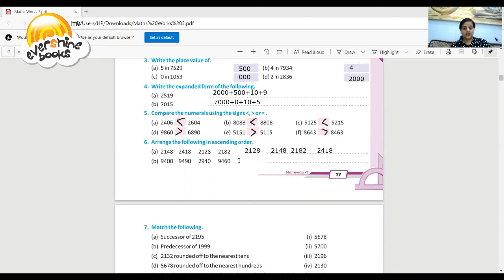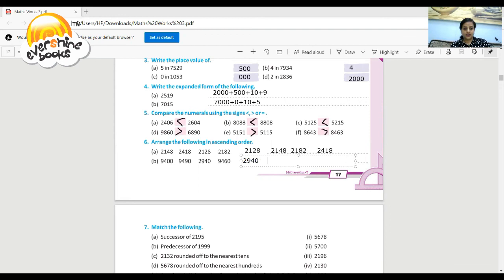Next is 9400 and then 9490, then 2940. So 2940 is the smallest number.